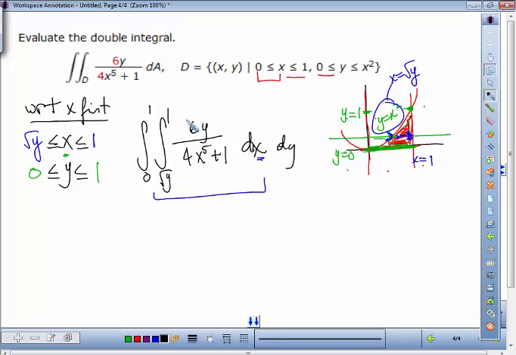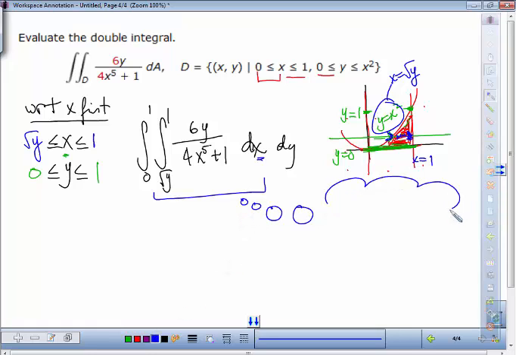X to the 5th plus 1 in the bottom. Do we see an issue? So if I clean everything out and I think to myself, back in Calc 2, do I remember any formulas that have this in it?